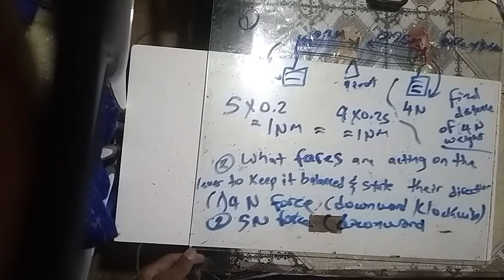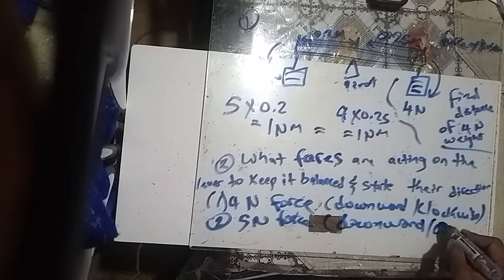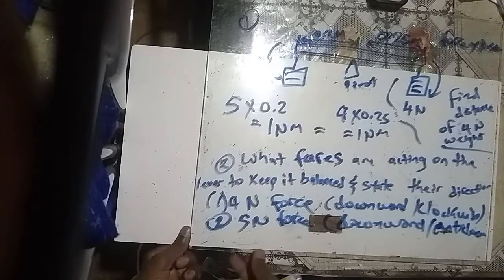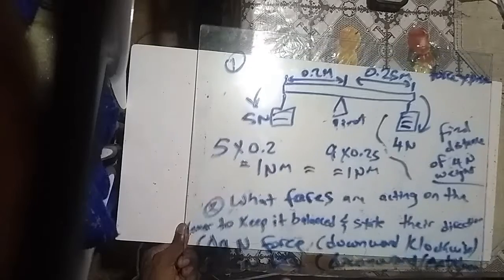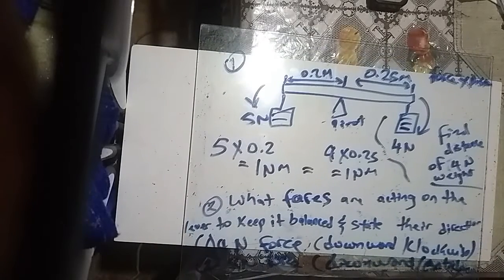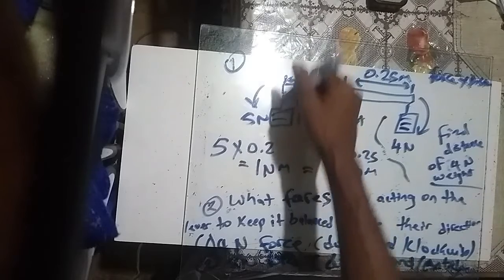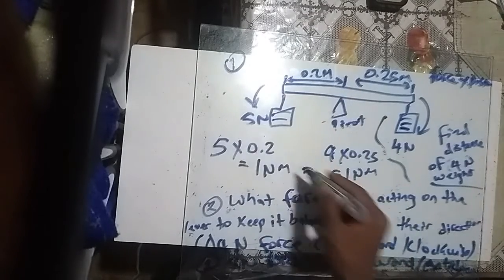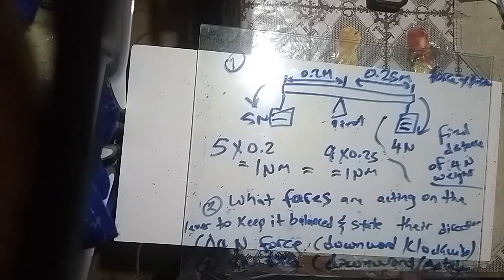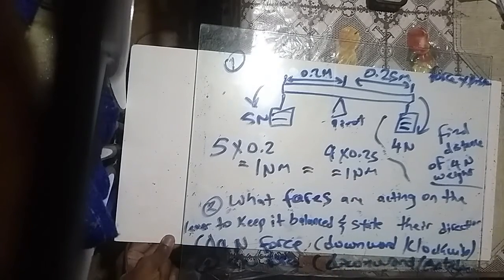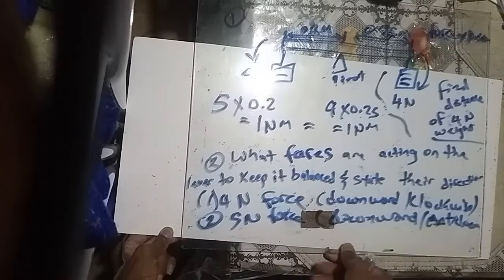You could say it's anti-clockwise, to be precise. You can't say it's going up, because gravity is going to act on that mass in a downward direction. So even though it's going in an anti-clockwise direction, it's still acting downwards because gravity causes everything to fall. You must appreciate that fact.